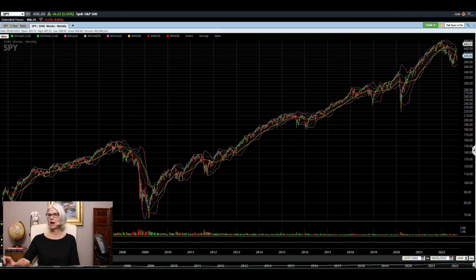Okay, so what I've done here is I pulled up a long-term chart of SPY, and that is the S&P 500 index, and this goes back about 20 years, and the 20 years ago is sort of hidden over here behind me. And so that was sort of the tail end there of the tech bust that we had in the early 2000s decade.